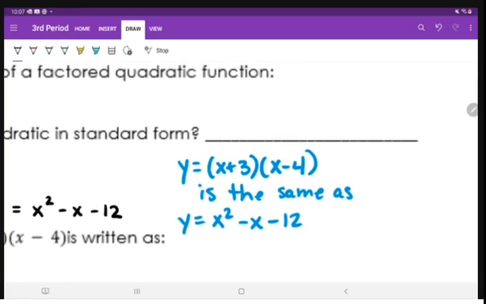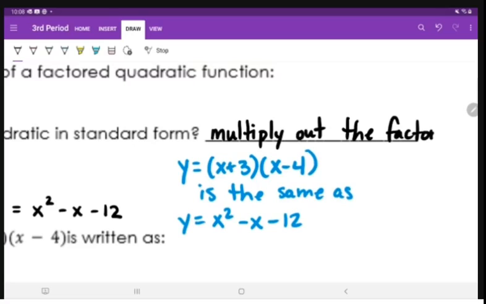All we do is we multiply out the factors. And we do that by using a process called FOIL that we are going to learn in the future. So what I mean by the top y equals and the bottom y equals, these are the exact same thing.